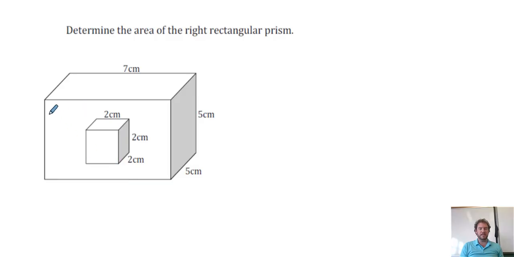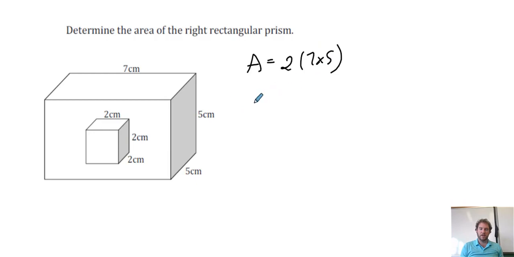So what that means is that to look at this thing, I would just have to find the area of that rectangle, right? So let's do that. I would look at the area of my front rectangle here and my back rectangle, because they're that pair, which is 7 by 5, so it's 2 times 7 times 5.